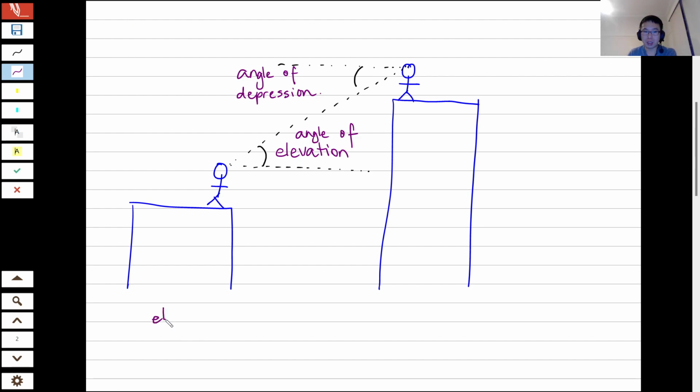So elevation means up, and depression in this context means down. And I want you to notice that the angles are measured with respect to the horizontal.